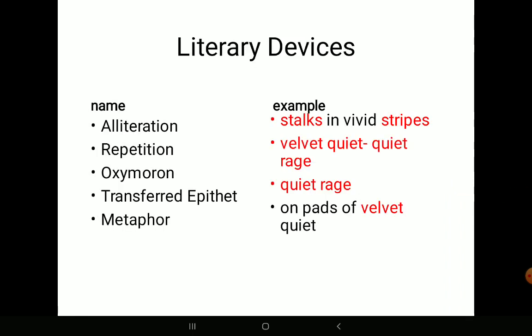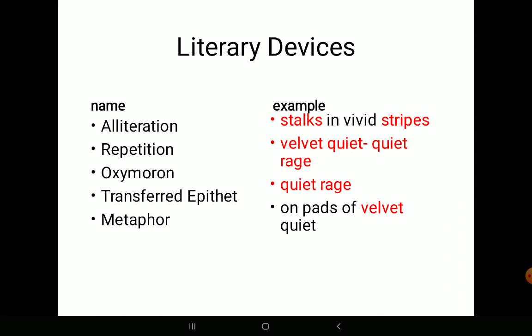And these are certain literary devices which we came across while reading the first and second paragraphs, and further also these literary devices would be needed. You already have been told about literary devices in your previous classes. In this class also we gave you a lecture about it, so you can always go back to that in case you have any difficulty. Here we read alliteration, an example being stalks in vivid stripes, where there is repetition of s in the same line.